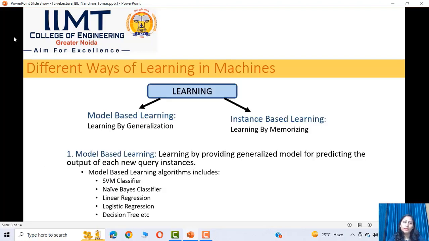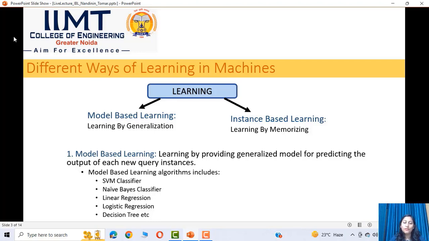So before discussing different ways of learning in machines, I would like to explain what machine learning is. As we humans learn from experiences, in the same way we can also provide learning to machines by giving them historical or past data with which the machine defines a pattern or a model with which it makes future predictions.